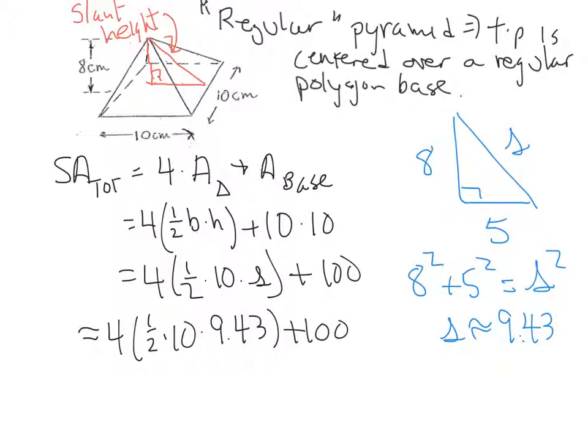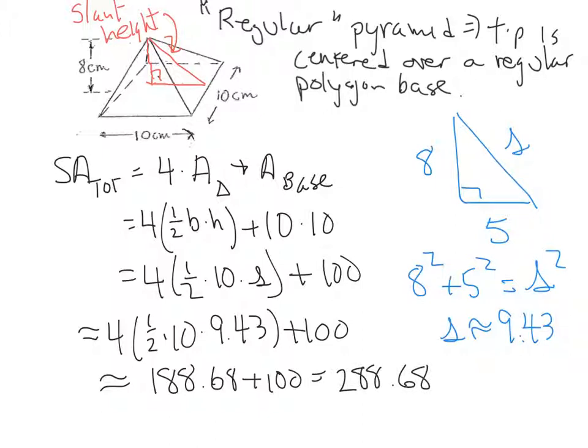Pretty straightforwardly, 4 times 1/2 times 10 is 20, times 9.43, which we'll check out, is 188.68 roughly, plus 100, so our total surface area is going to be 288.68 centimeters squared, approximately.